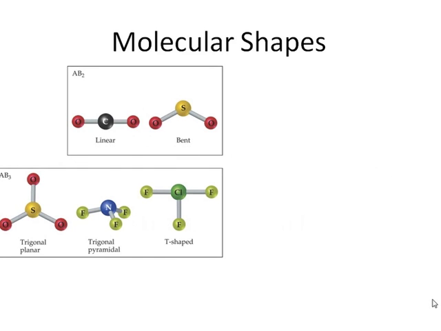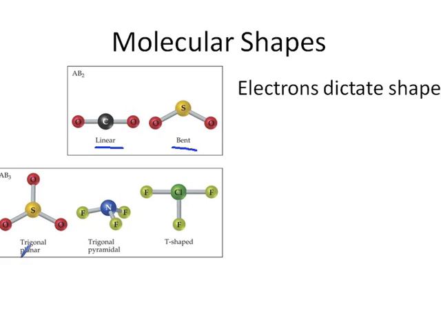Alright, so molecular shapes. We're talking about the shape of the molecule. And electrons dictate the electron shape. Here you'll notice that we have 1, 2, 3, 4, 5 different kinds of shapes.